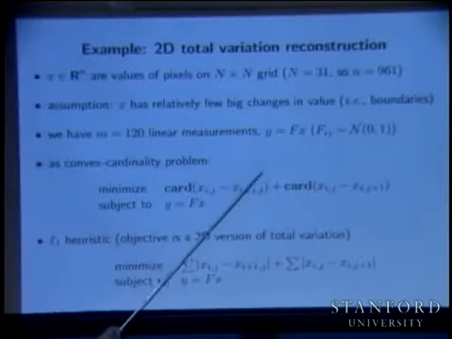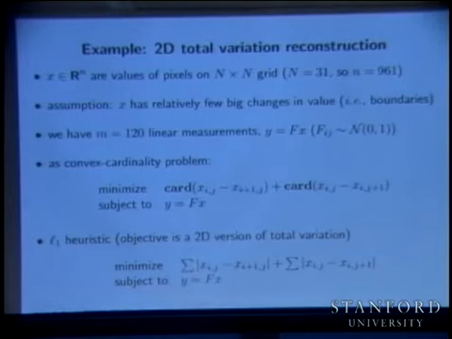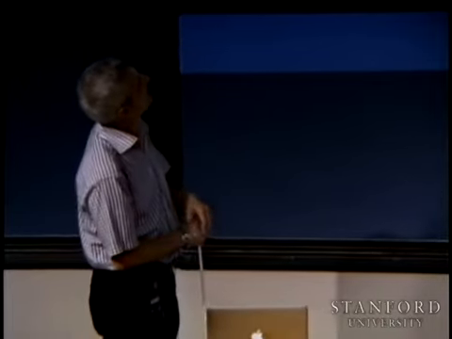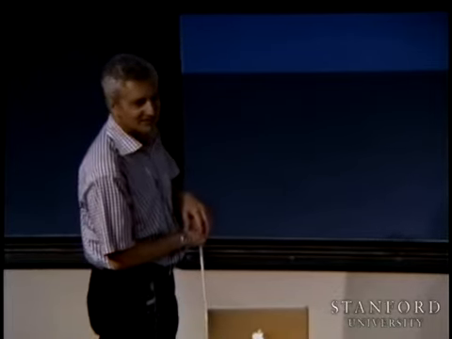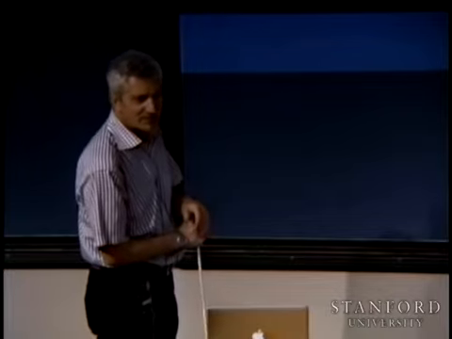These are exact. So the way we'll do this is we'll say, among all the x's that are consistent with our measurements, that's a huge set. In fact, what's the dimension of the set of x's that satisfy this? You don't have to get exactly, just roughly. 840 dimensions?